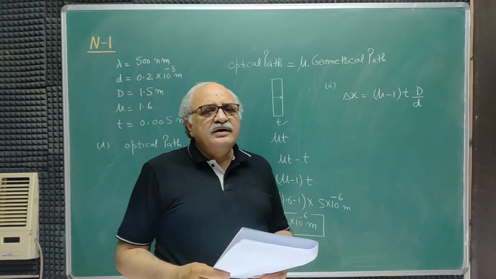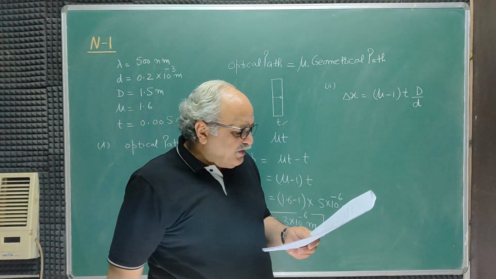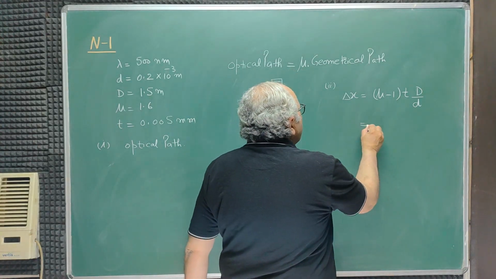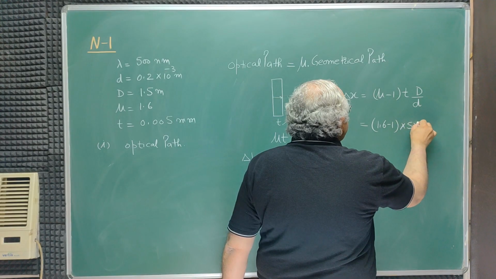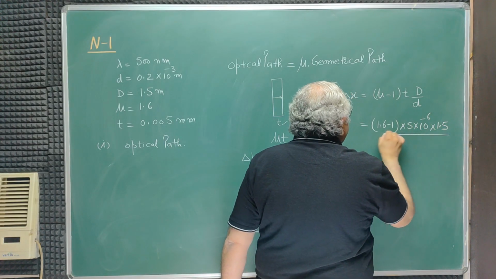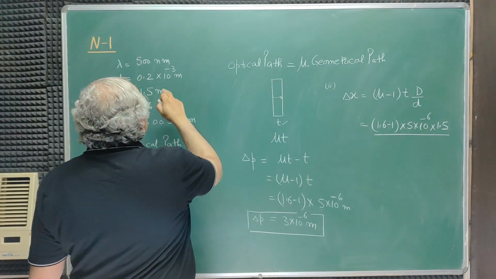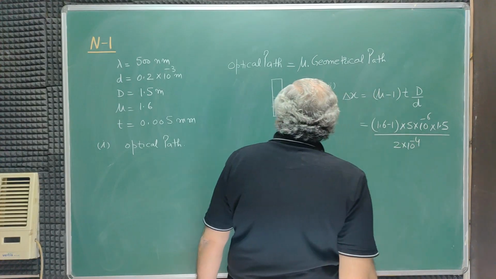This is the shift of the central maxima, and that is equal to 1.6 minus 1, the thickness t into 10 to the power minus 6, D is 1.5 meter, and small d is given as 2 into 10 to the power minus 4 meter.